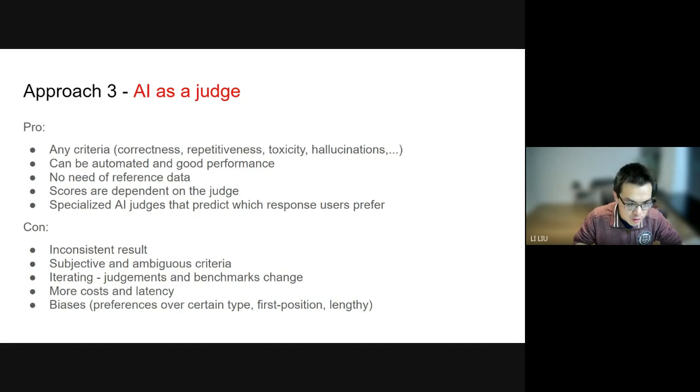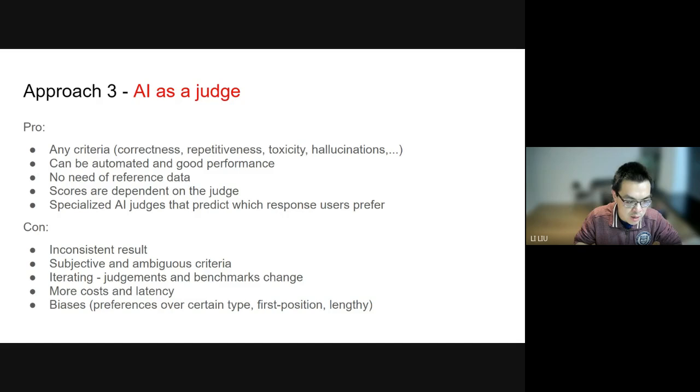And also the scores are dependent on the judge. This is both a pro and a con, because we don't need to deploy multiple humans, which could make it very difficult to combine the answers. Here we are just using one model as a judge.